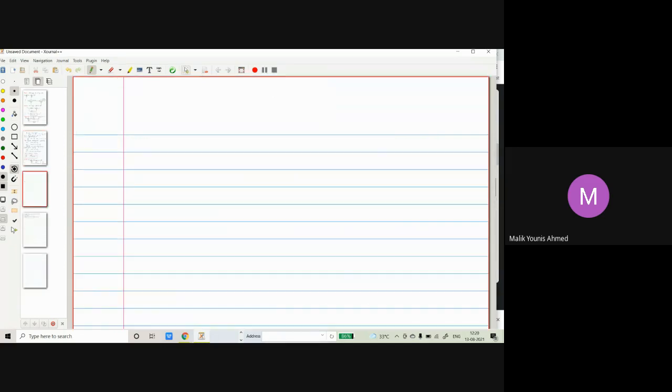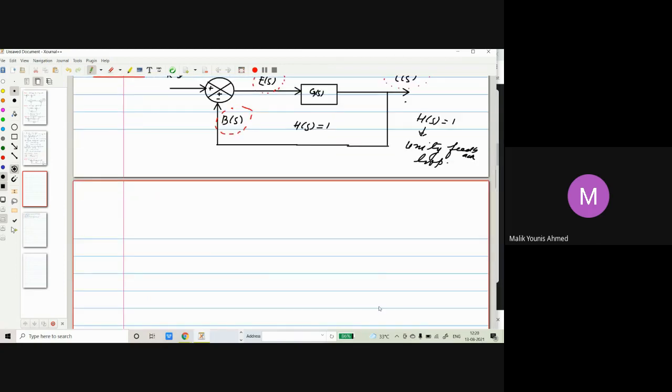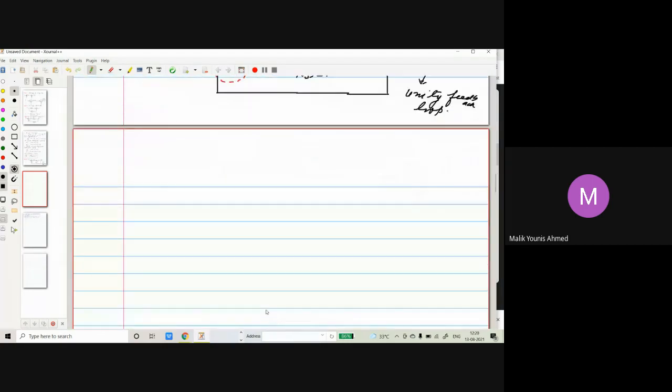So let's solve this one. In this case, you can see R of s is input, C of s is output, with unity feedback. So instead of H of s, we will be putting 1. That's all. The formula will be amended as C of s divided by R of s will be equal to G of s divided by 1 minus plus G of s.